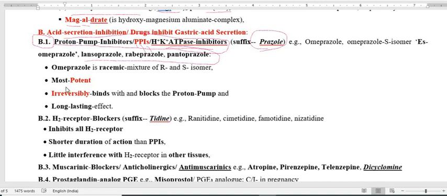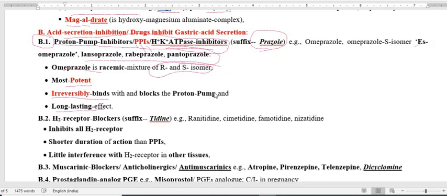They are most potent, they irreversibly bind with the enzyme and block its action, and they are also long acting. Omeprazole is a racemic mixture of R and S isomers. The S isomer of omeprazole is called S-omeprazole.